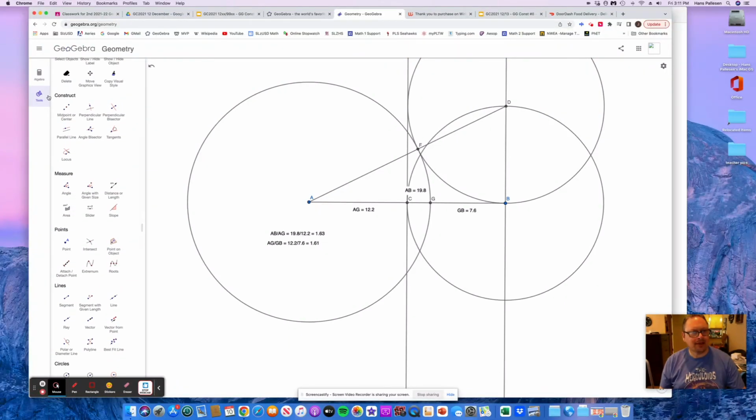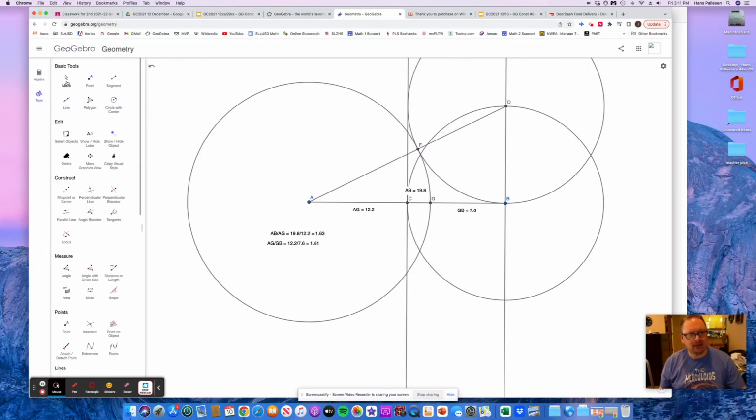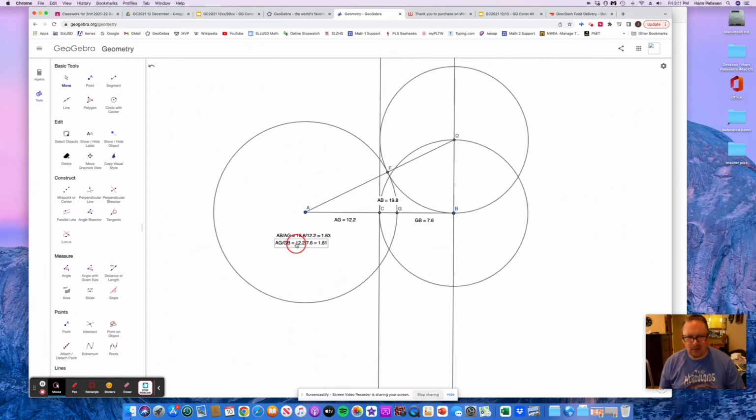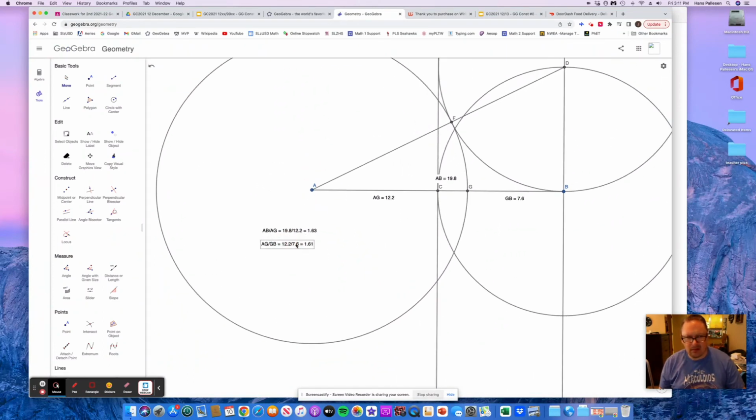I can move these. Now, can I make this bigger?